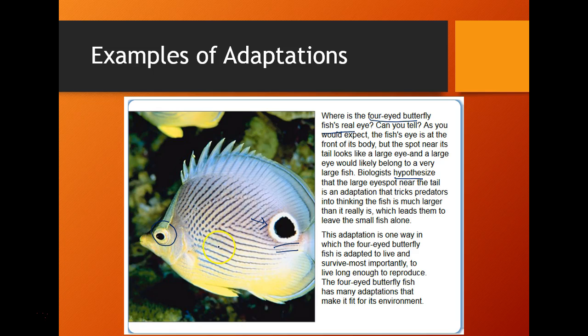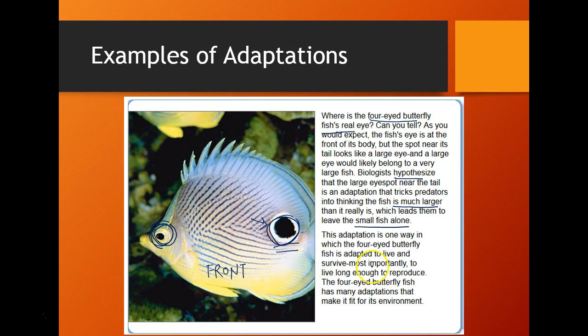So imagine that instead of this just being the eye, both of these are the eyes, and so this would be the front of the fish, and the fish automatically looks a lot bigger. Because the fish looks much larger than it really is, it leads predators to leave the small fish alone.